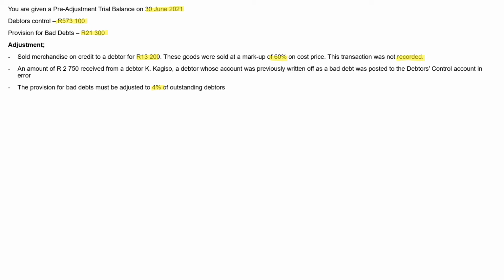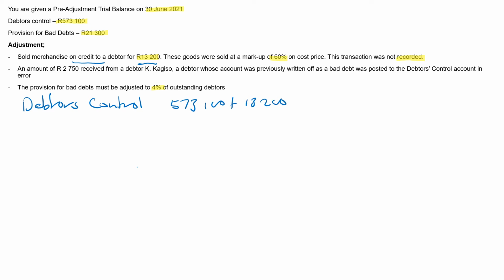So you need to adjust your debtors control. You have your debtors control at 573,100, plus this invoice that was skipped completely. You sold merchandise on credit, that means it increases your debtors control.